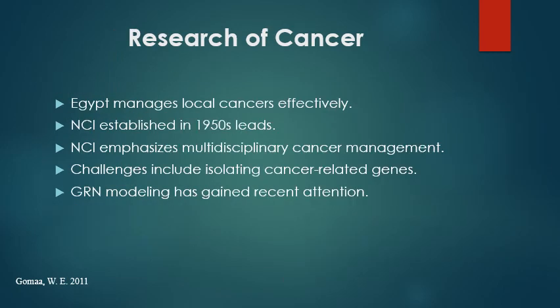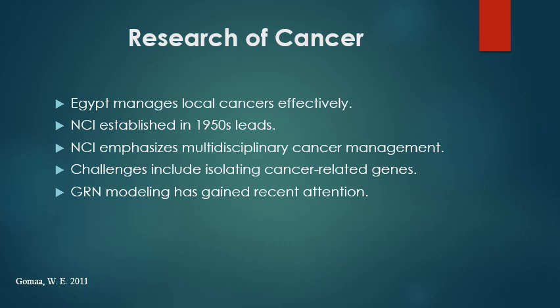In my research of cancer, I found that Egypt does a lot of research with cancer because they experience high cases of liver and breast cancers in their area. They are committed to doing research to find out how to better help the patients in their area. Their commitment is evident through integrated quality programs in patient care, research, education, and prevention.